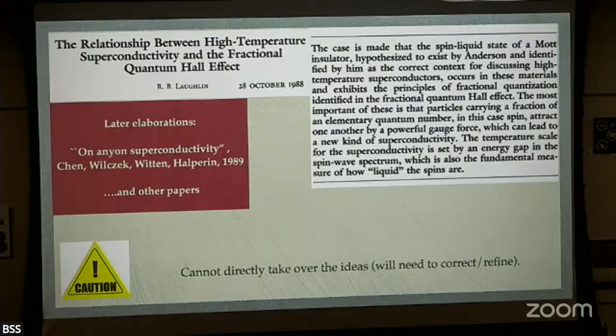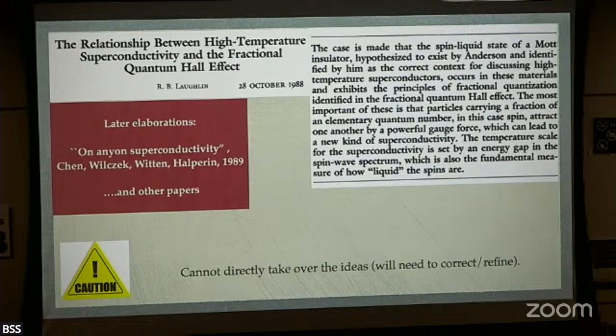So this is a paper that Laughlin wrote in 1988. Cuprates were discovered in fall 1986. And this is a remarkable paper, right? The two biggest, most striking things that were discovered in the 1980s, he thought that they were somehow closely related.